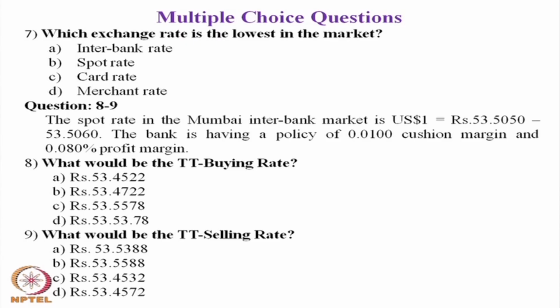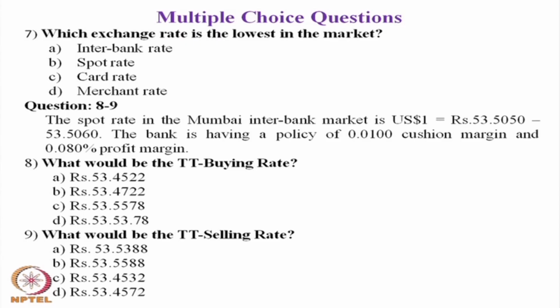The spot rate, you can see the write up here, is 53.5050, 53.5060. TT buying rate is applicable when you have foreign currency and want to convert it into domestic currency.